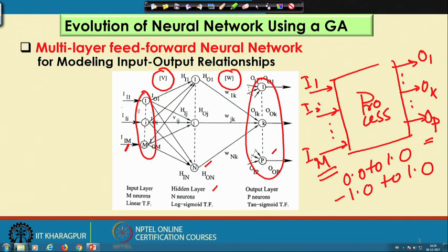Now, we have capital M number of these inputs. So, all the inputs may not have the same range of variation. For example, the first input may vary in the range of say 1 to 100, the ith input may vary from say 10 to 10,000, and the mth input may vary from say 1 to 1000.